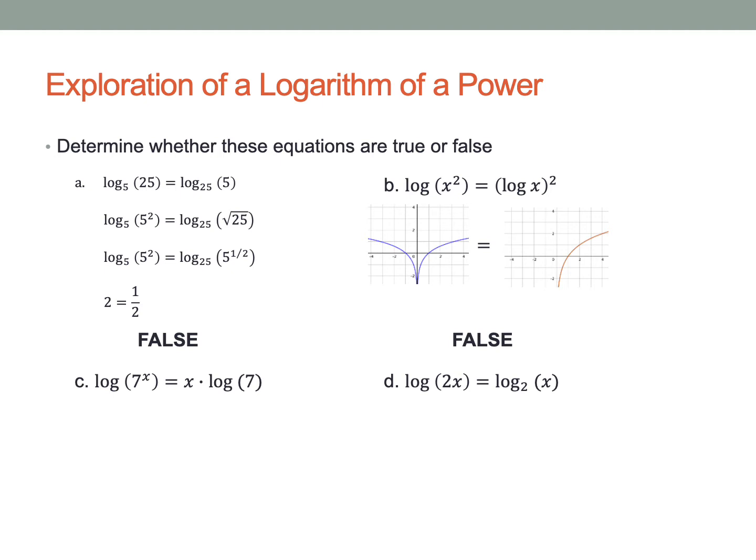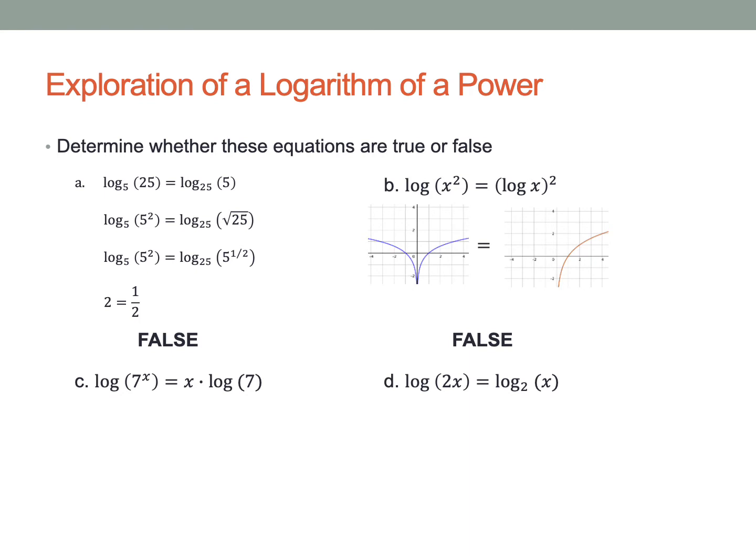Okay, so this is important. Basically, log of x squared with x squared inside is different than if you just square the log, right? You're getting totally different things. The point of this exploration is to prove to you certain properties, like A. You cannot just switch the inside of the parentheses and the base and have them be the same.